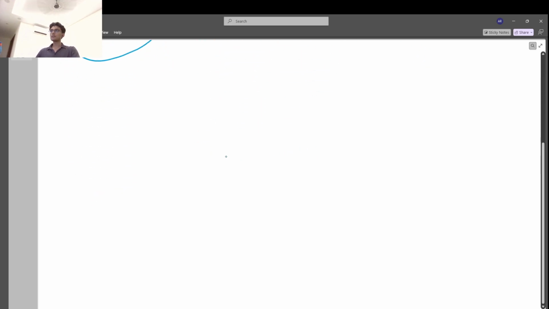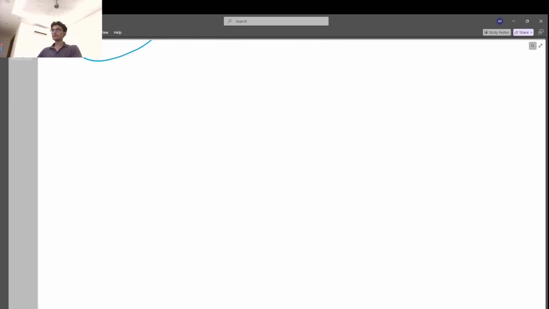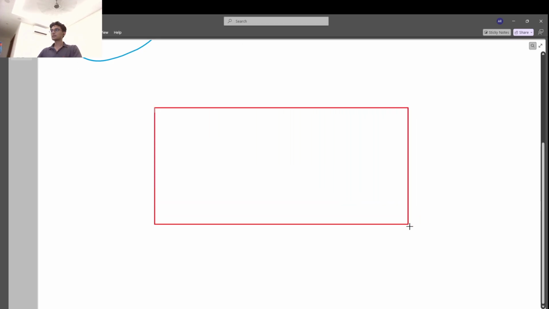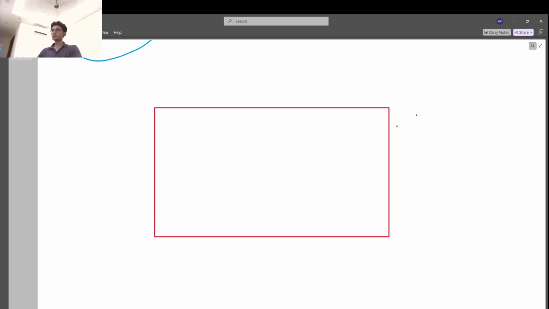The most simple concept of general equilibrium comes from Edgeworth, which states that if we have a box, let's take a box, say this is our box.